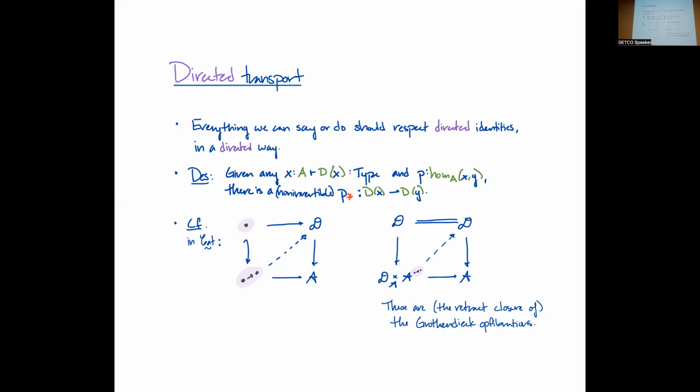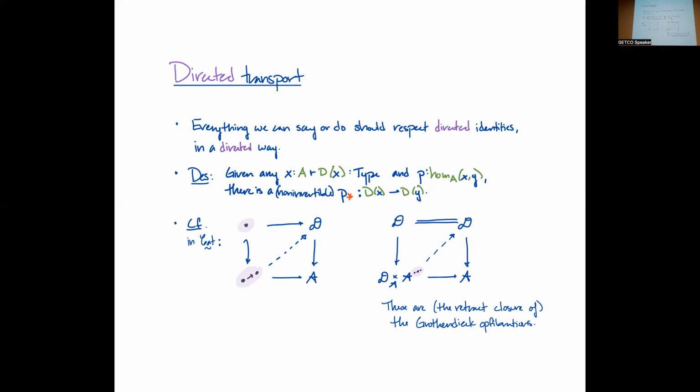Okay, so our first desideratum is maybe we want to be able to prove a statement like this: for any dependent type D dependent on a type A, and for every path from x to y, and now instead of id for the identity type, I'm using hom, taking inspiration from homomorphisms and categories, hom-sets.